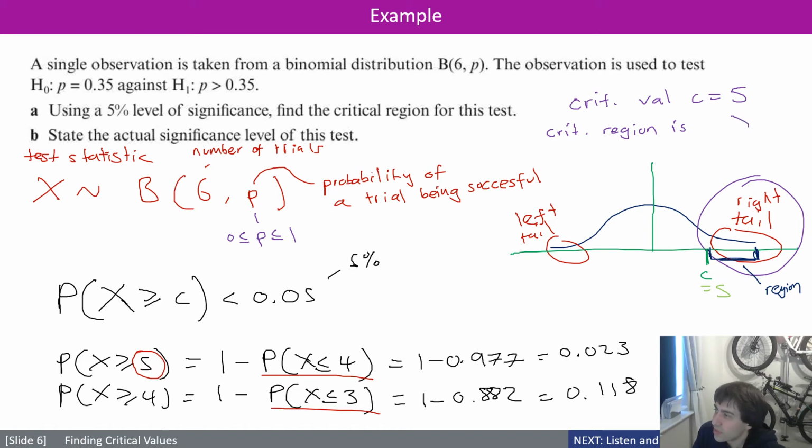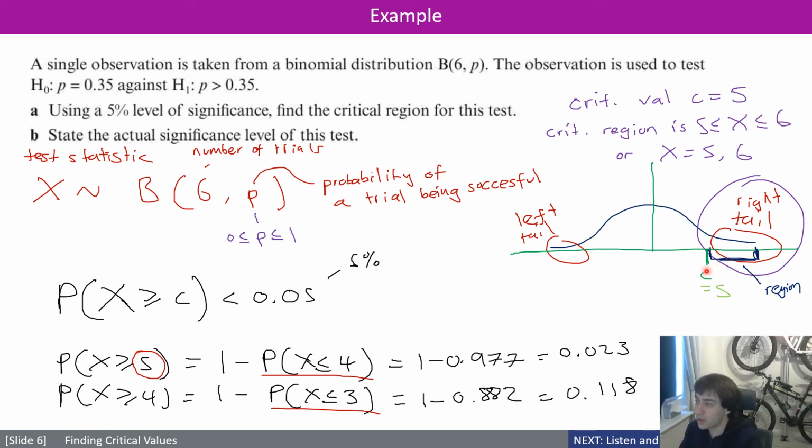We could either say x is greater than or equal to 5 and less than or equal to 6, or we could just say x equals 5, 6, and that is quite clear as well. When it's a small amount of numbers, you can just list them. If it's a larger range, write it as a range. Ultimately the critical region is a set of values. It's the critical value and also everything, in this case, above it.